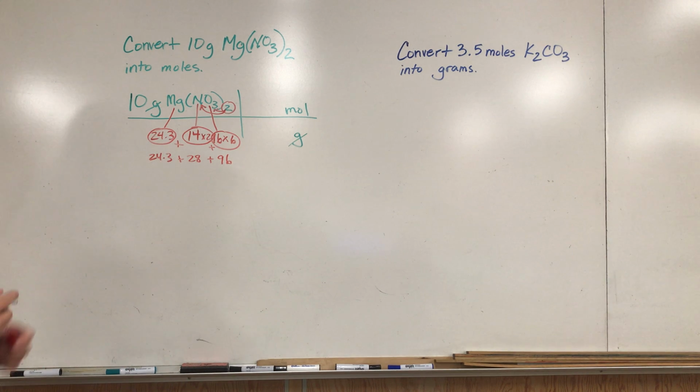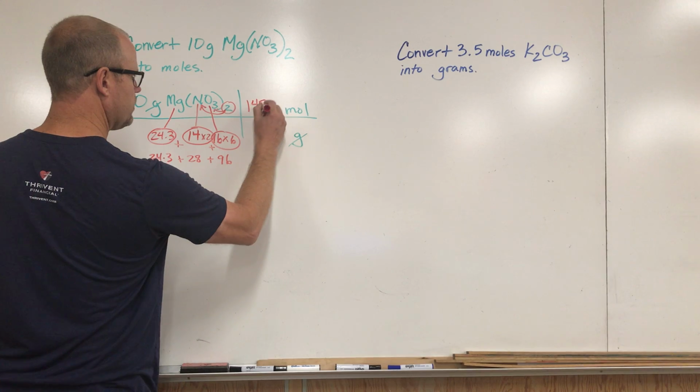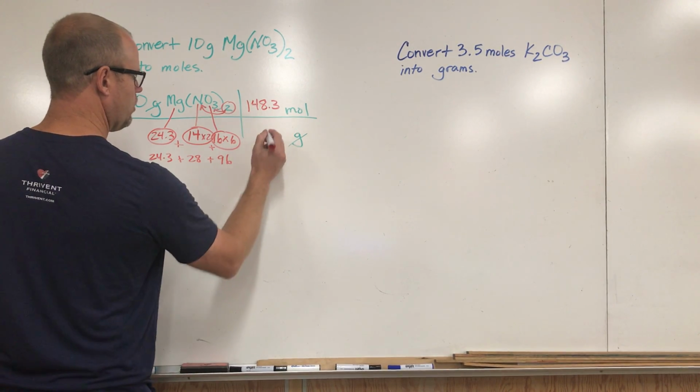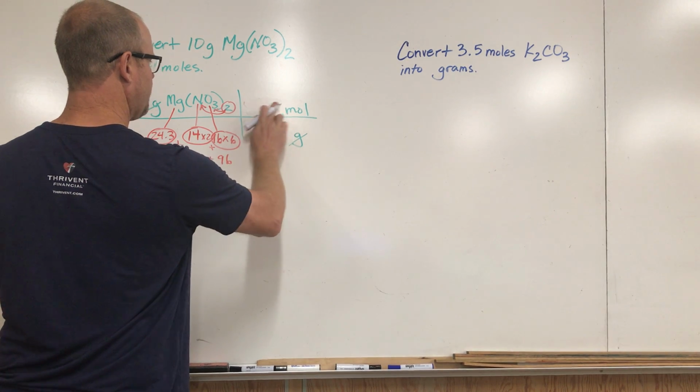And what this is going to tell me is the grams per 1 mole of this substance. So this one ends up being 148.3. Oops, I just put that in the wrong spot. Let's get rid of that.